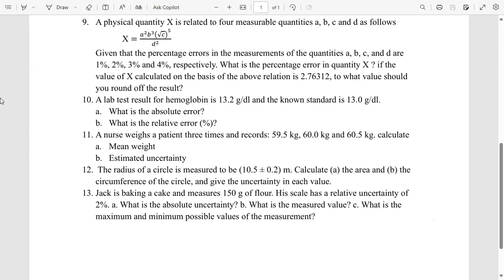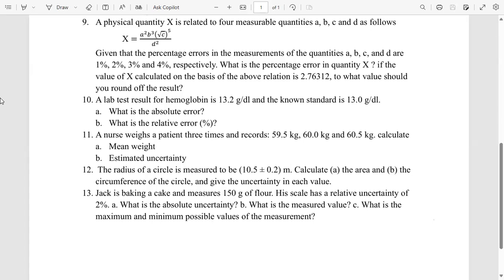Given that the percentage errors in the measurements of the quantities A, B, C, and D are 1%, 2%, 3%, and 4% respectively, what is the percentage error in the quantity X? If the value of X calculated on the basis of the above relation is 2.76312, to what value should you round off the result?